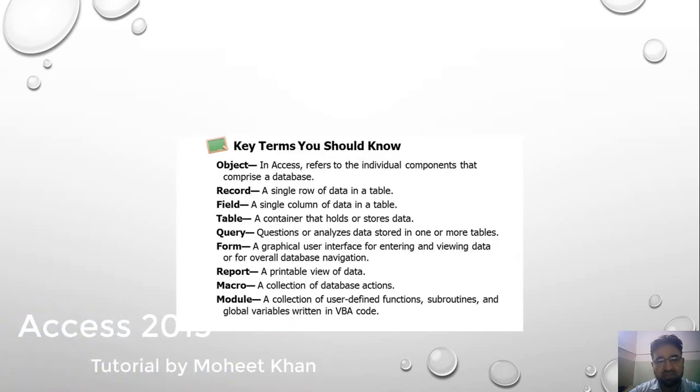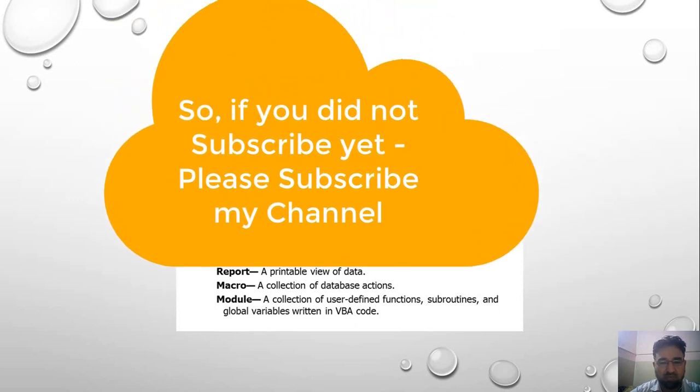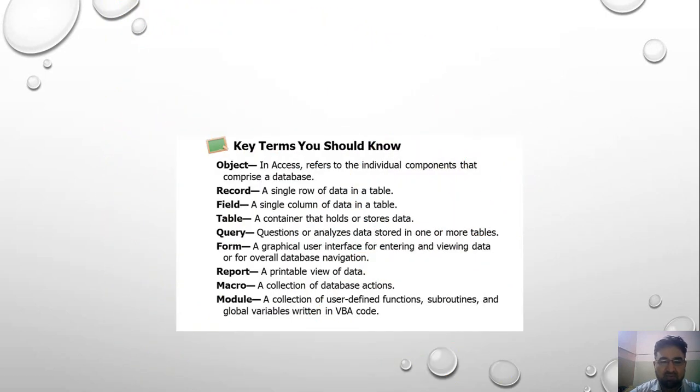Key terms covered in this lesson include: object, which in Access refers to the individual components that comprise a database; record, a single row of data in a table; field, a single column of data in a table; table, a container that holds or stores data; query, a question or analysis of data stored in one or more tables; forms, a graphical user interface for entering and viewing data or for database navigation; reports, a printable view of data; macro, a collection of database actions; module, a collection of user-defined functions, subroutines, and global variables written in VBA code.